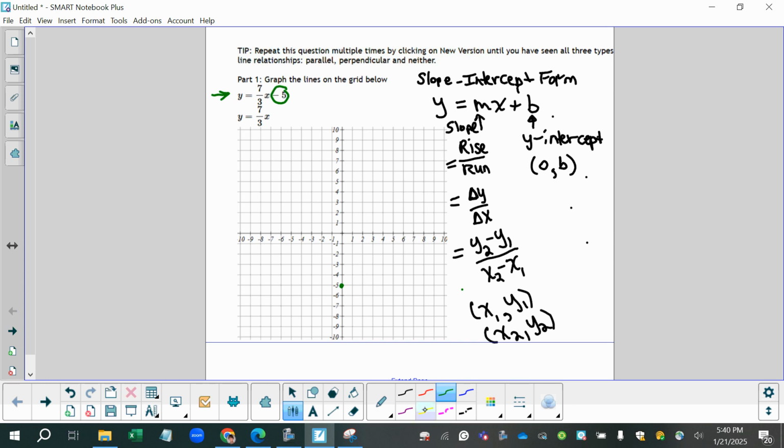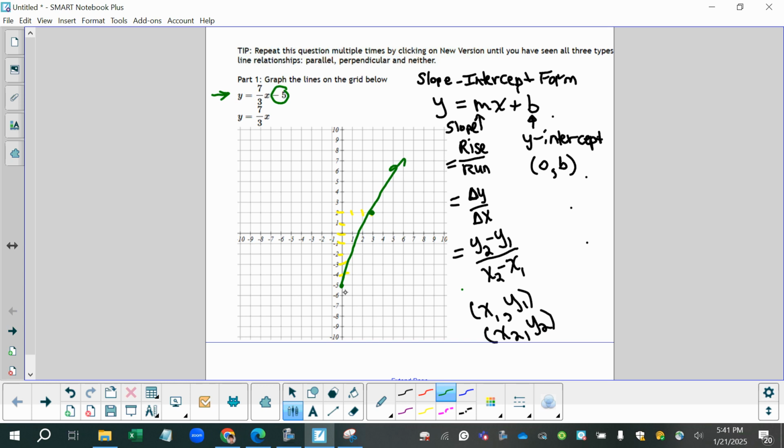From the point that I've already made, I'm going to go up 7: 1, 2, 3, 4, 5, 6, 7. And then I'm also going to do a run of 3, so I'm going to go to the right 1, 2, 3. So now there I can make my second point and then connect them.